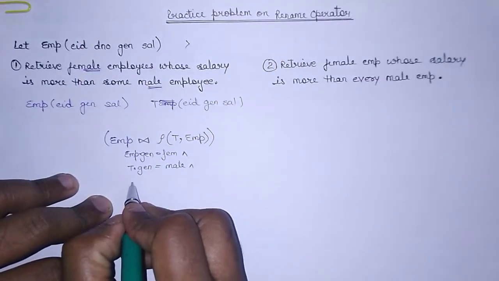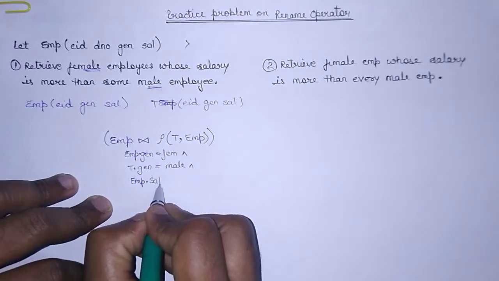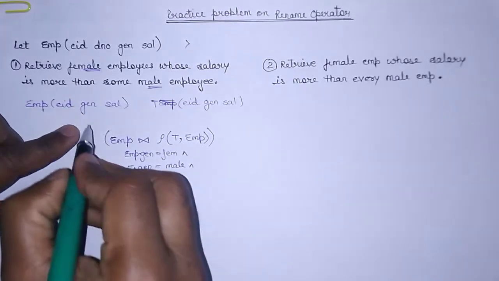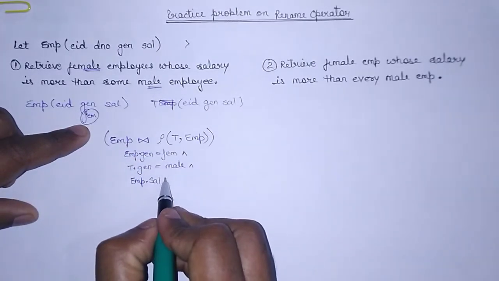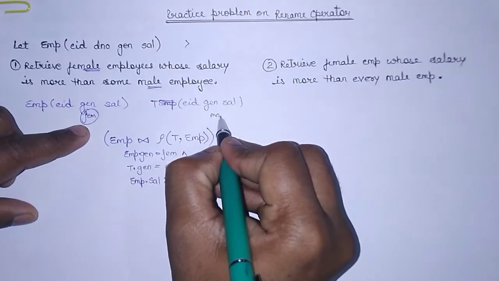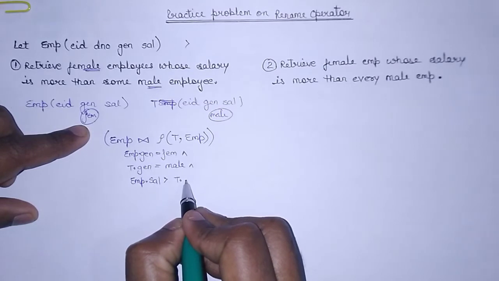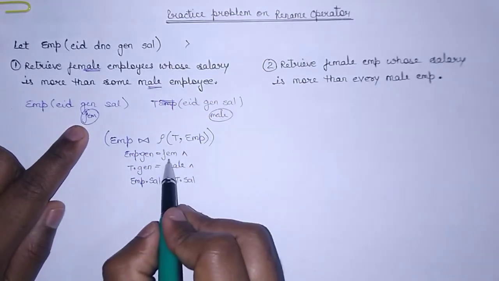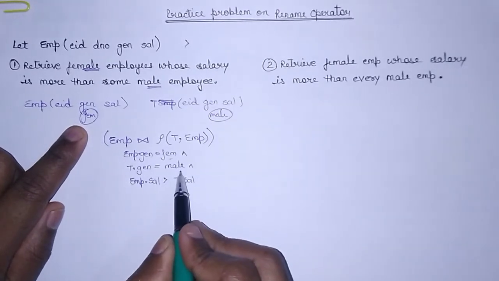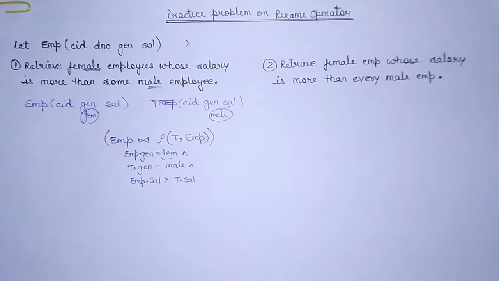So we check the salary this time: employee dot salary, that means the female salary, has to be greater than the male salary, that means T dot salary. So we took female from this in this condition, male from this in this condition, and we check the salary for both of them. These are the three conditions as per the given statement.